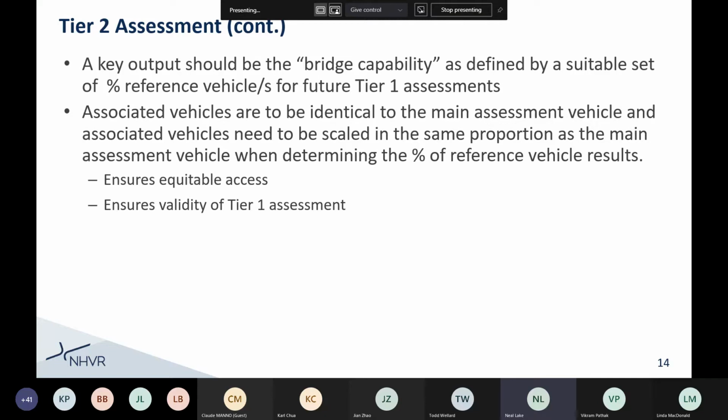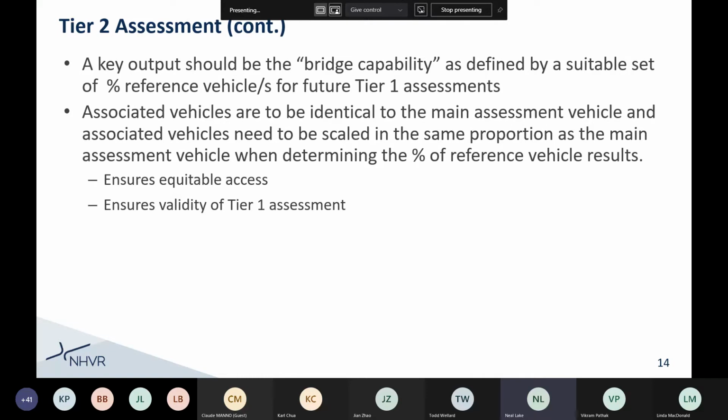But when you have the same vehicle in both lanes, then you are in a position where you can scale results, and it means that Tier 1 assessment is directly valid. It's directly usable, right?